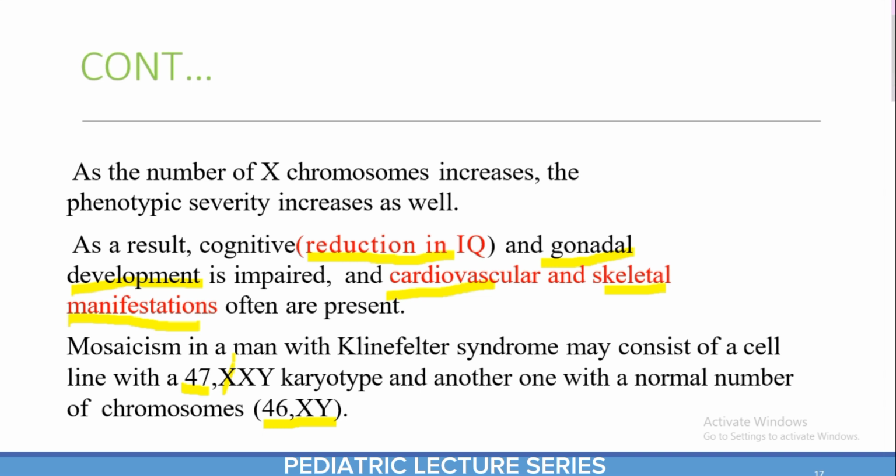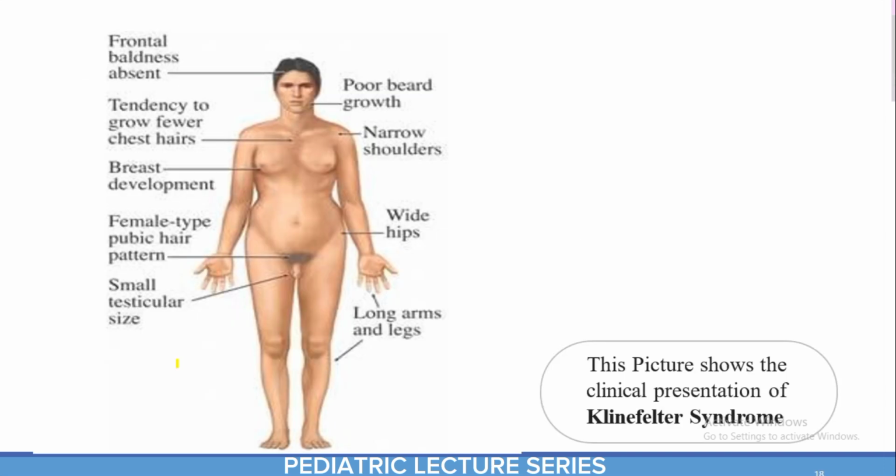So in other words, mosaicism is the existence of different cells within the same individual. These cells contain different numbers of chromosomes but are within the same individual.